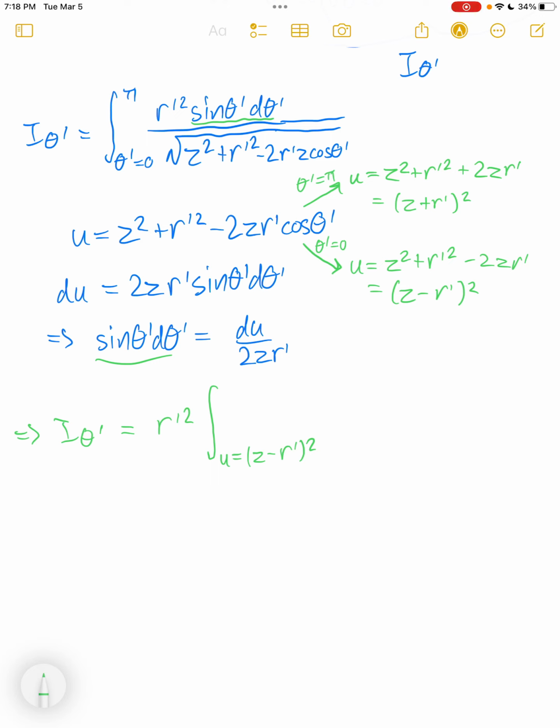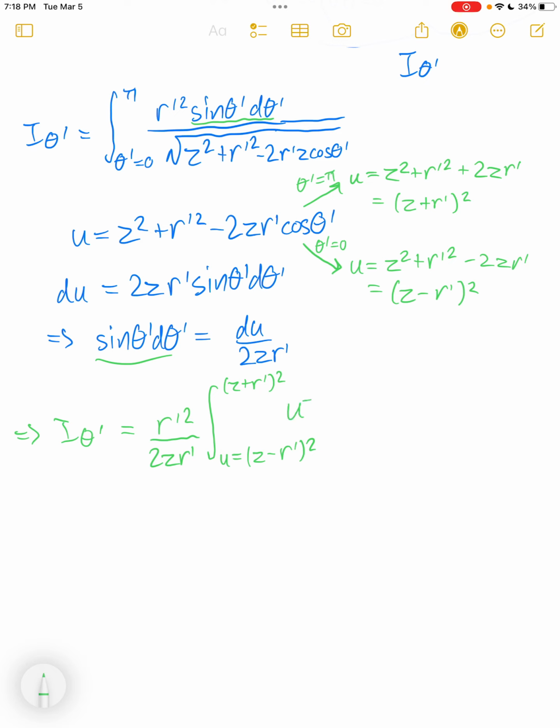This is the proper way because we did a u substitution, so we have to use these new limits of integration. I'm also going to take this 2z r prime out of the integral. Same thing, it's not theta prime dependent, and it doesn't depend on u either. We can just take it out.